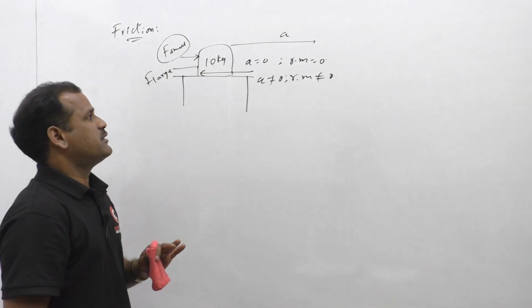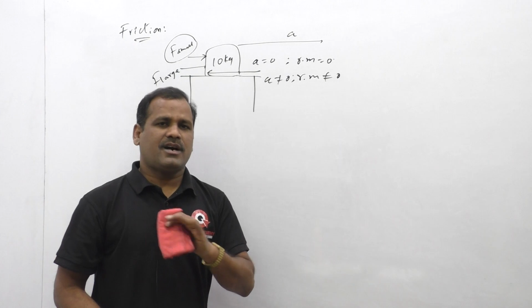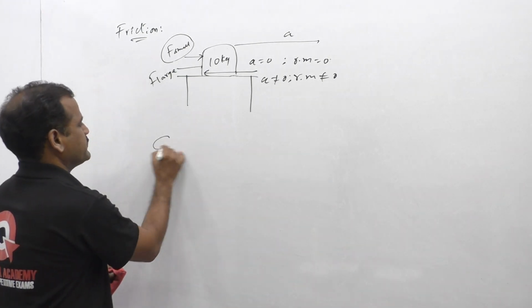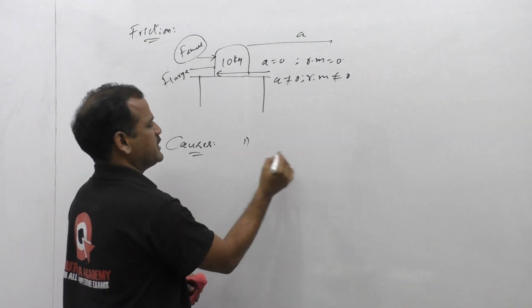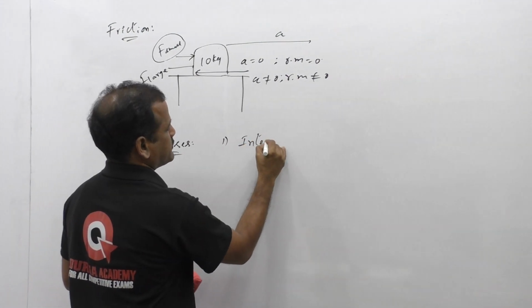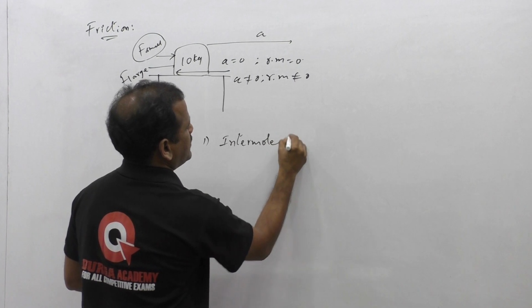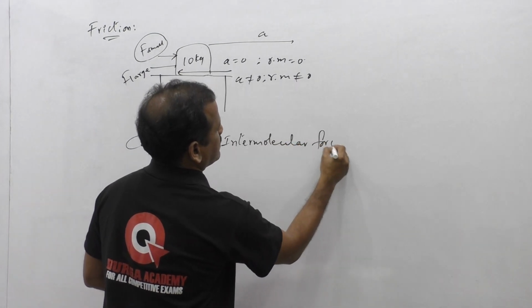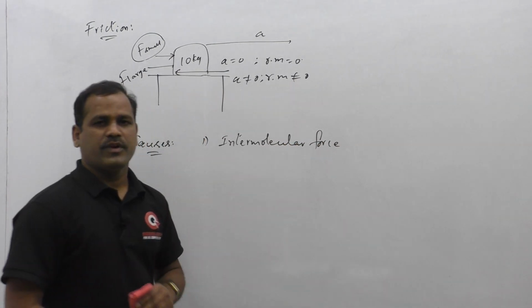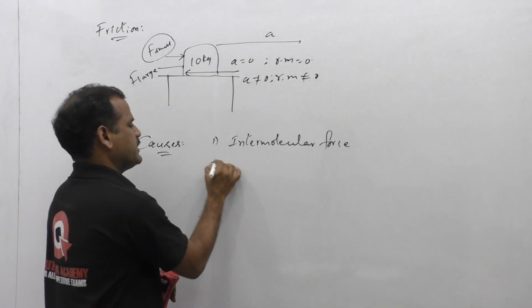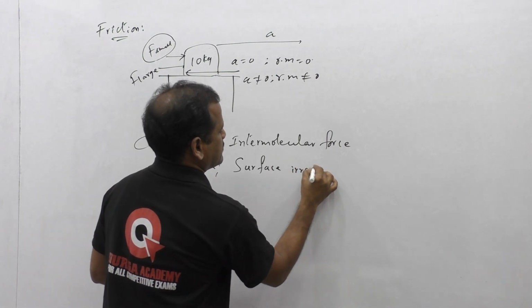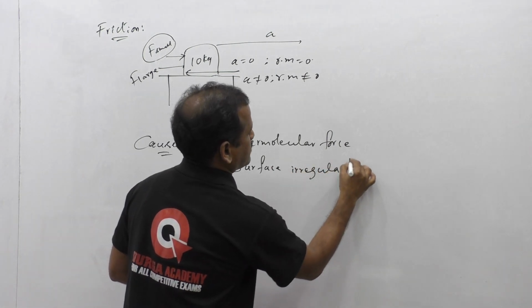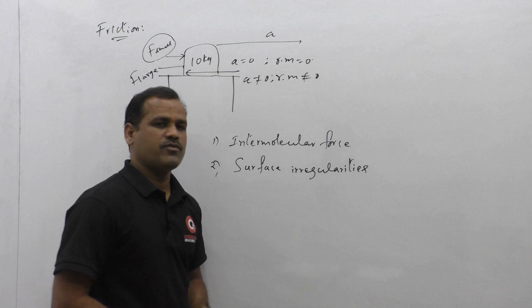So what are the causes for this friction? First, it is intermolecular forces. The intermolecular forces are the primary reason for the frictional force. Similarly, surface irregularities are also a reason for the frictional force.